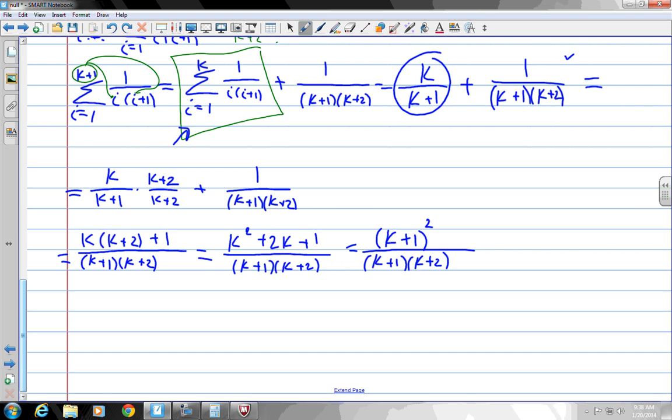So we can reduce this fraction by k plus 1. So we got k plus 1 over k plus 2. Isn't that what we wanted? QED.